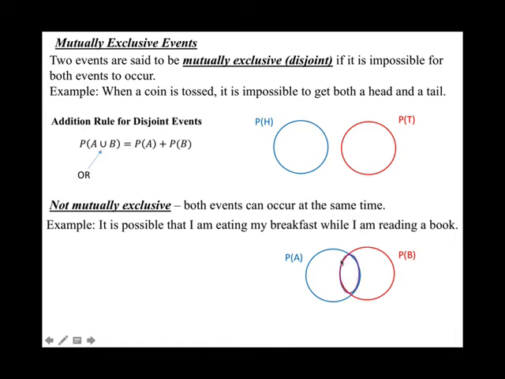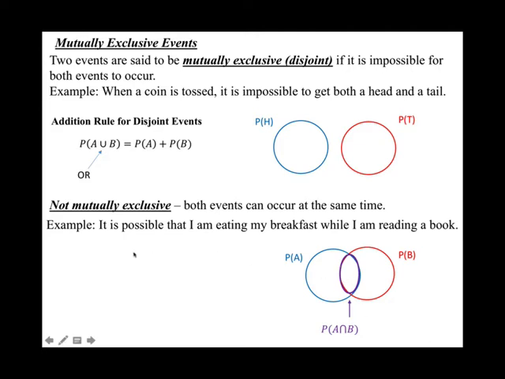This is talking about A and B. This part is the probability that I'm eating my breakfast while I'm reading a book. I'm doing these two events at the same time. And this part out here is the probability that I'm only eating my breakfast, and this part is the probability that I'm only reading the book. So the intersection means they can happen at the same time.